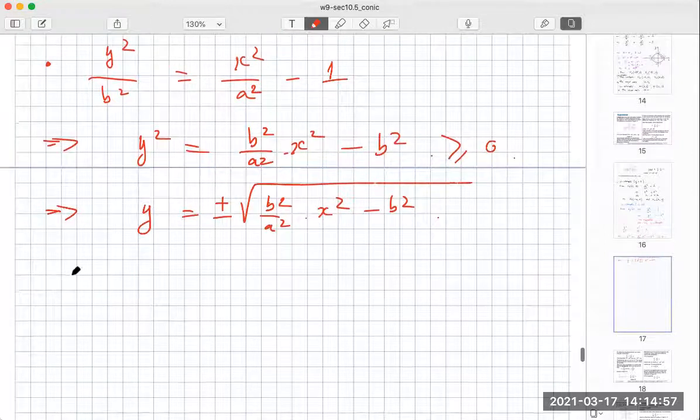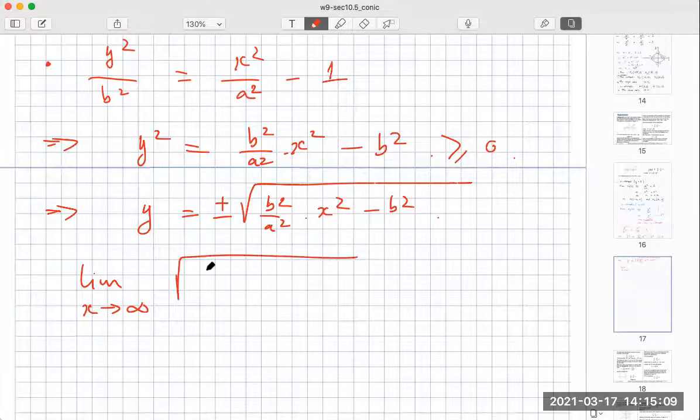But now if we take the limit when x approaches infinity, let us take a look at the first range, the limit of this guy.